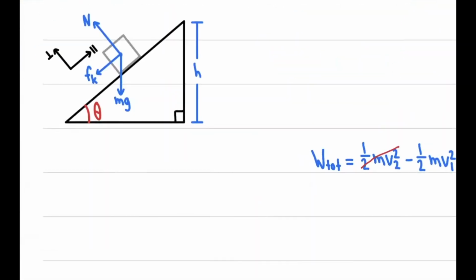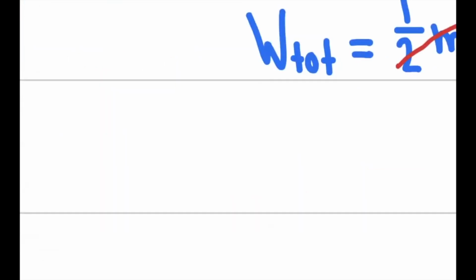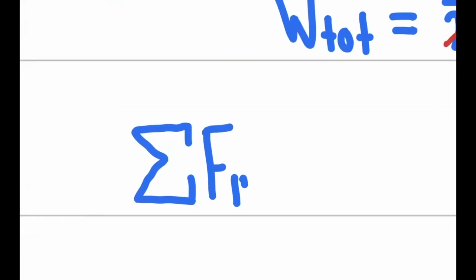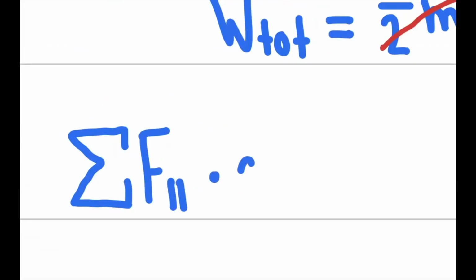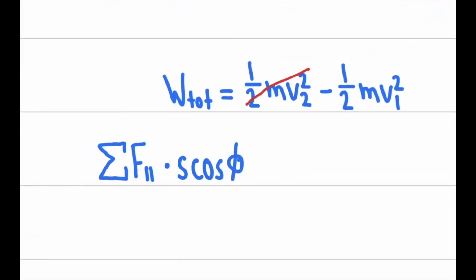We're going to look at the net force in the parallel direction because that's where the acceleration is. So basically, work total is going to be the sum of the forces in the parallel direction times s times cosine phi. And this is going to equal negative 1 half m v1 squared.